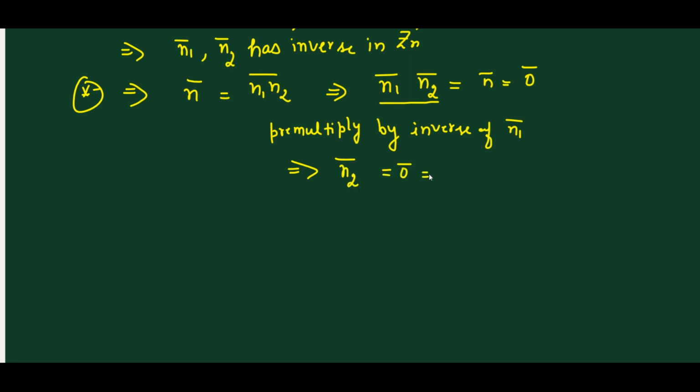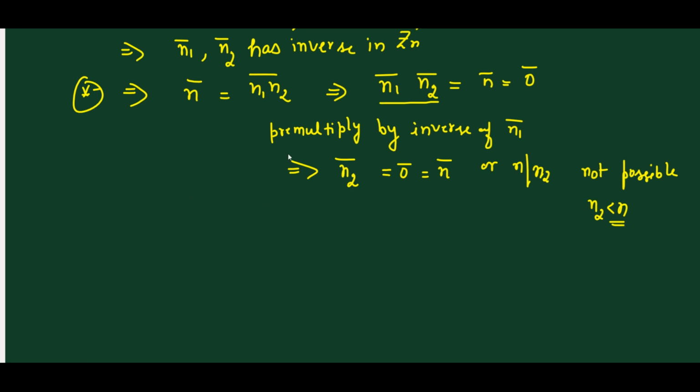It means, what is 0? The class of 0 is n. Or you can say that n divides n2, which is not possible, because n2 is less than n according to our assumption.